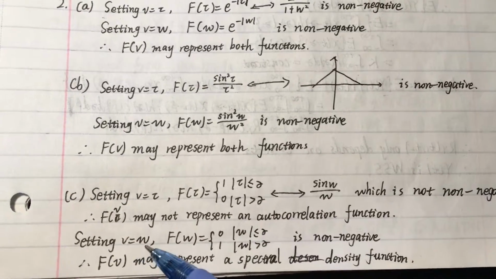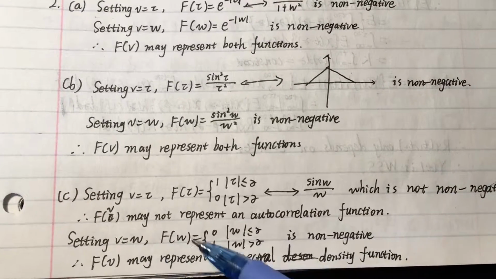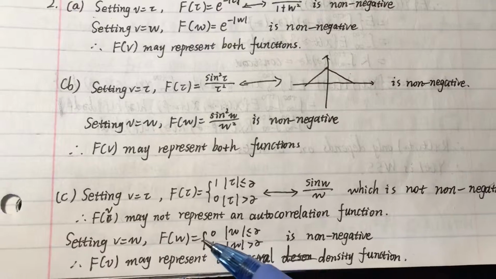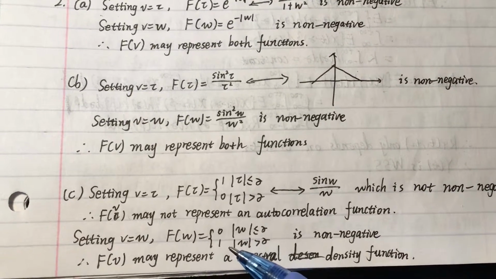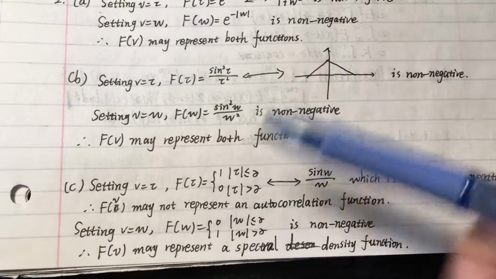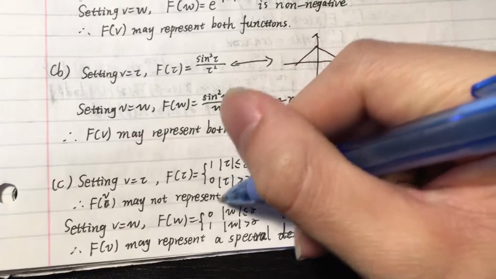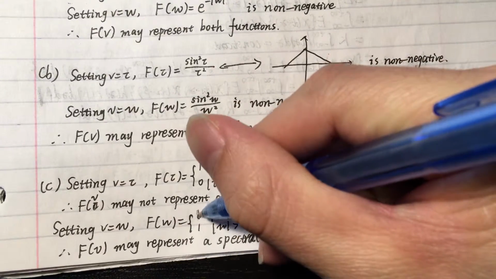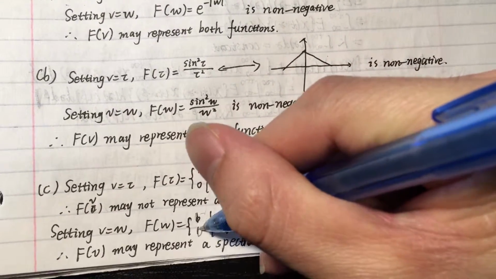Then setting v equals w and f(w) equals, sorry, I made a mistake, this is 1, this is 0.